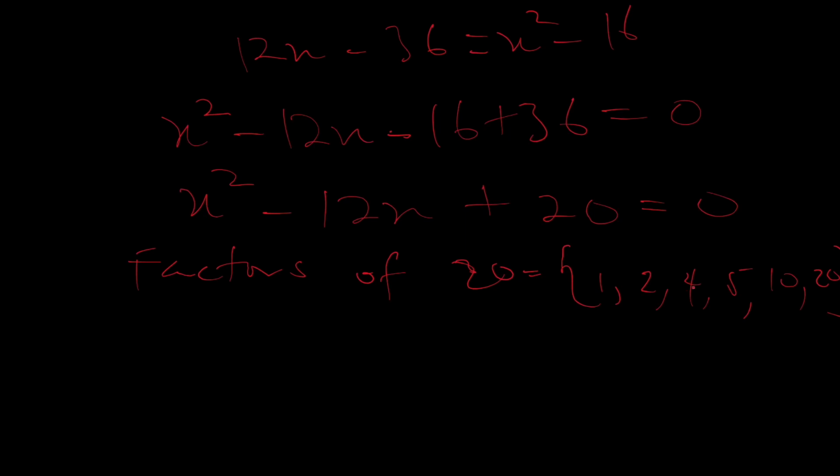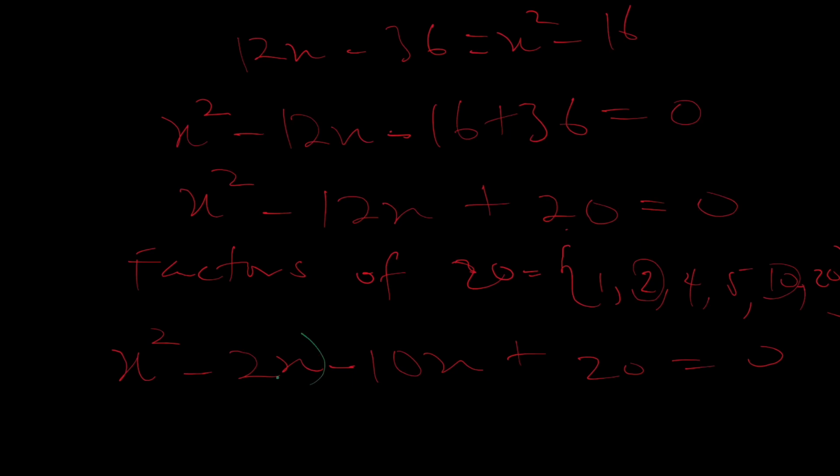When we multiply 4 by 5, we get 20. But when we add the two, we get 9, and we should get 12. So we move on to the next factors, 2 and 10. 2 times 10 is 20, and 2 plus 10 is 12. So then we have x squared minus 2x minus 10x plus 20 equals 0.